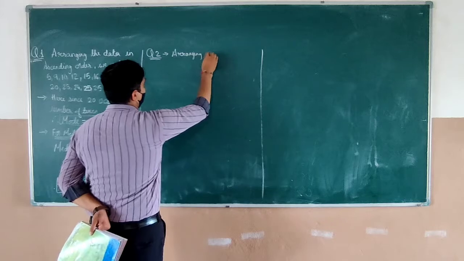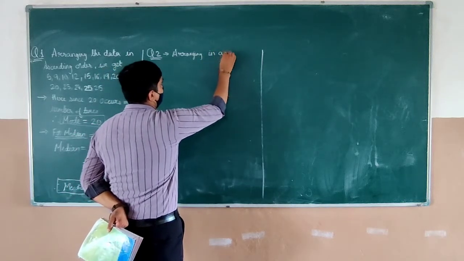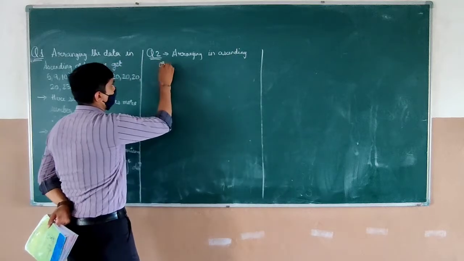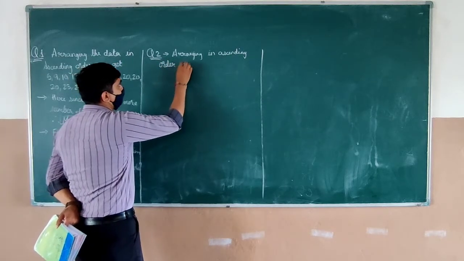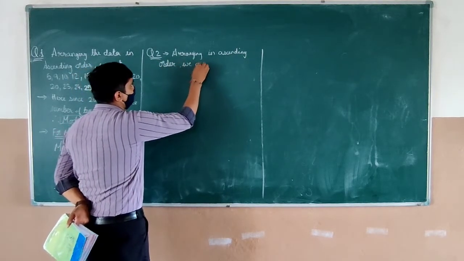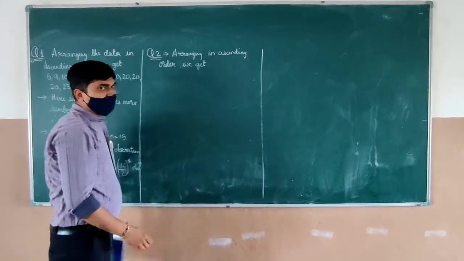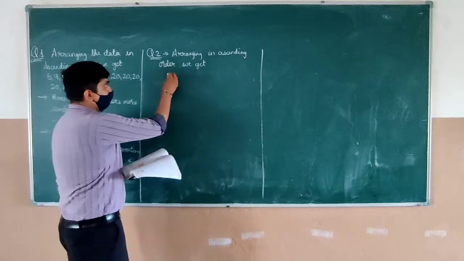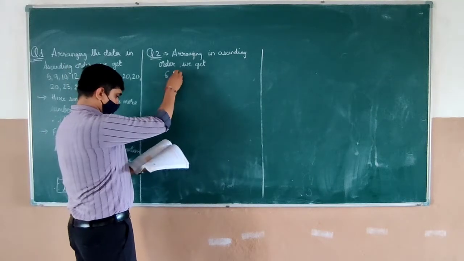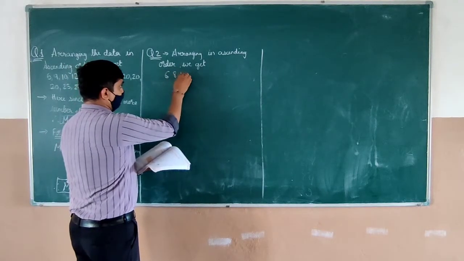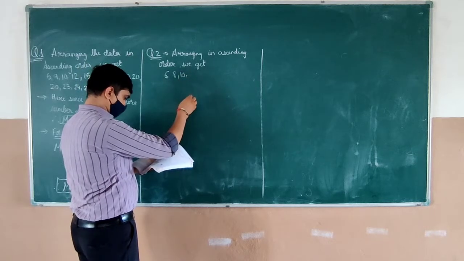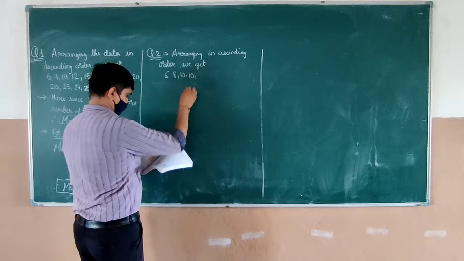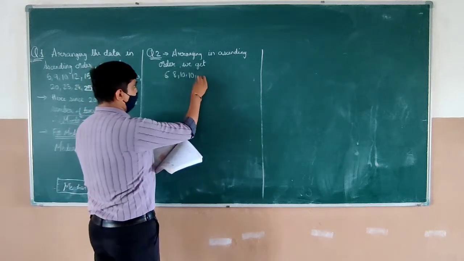Arranging in ascending order. We get, which is the smallest number? Smallest is 4. Then 6, then 8, then 10, 10 2 times. Then 15, 3 times.